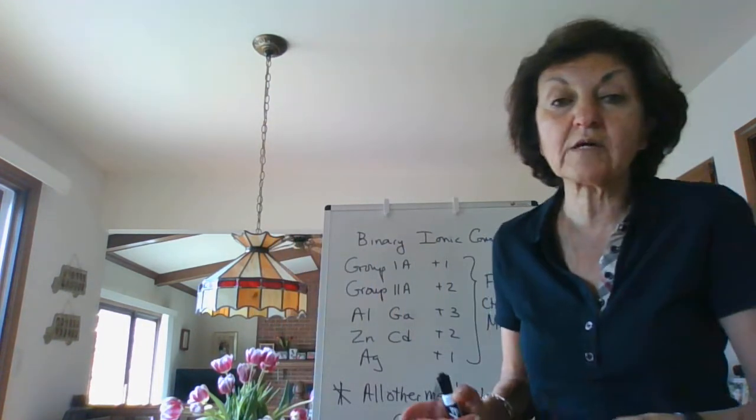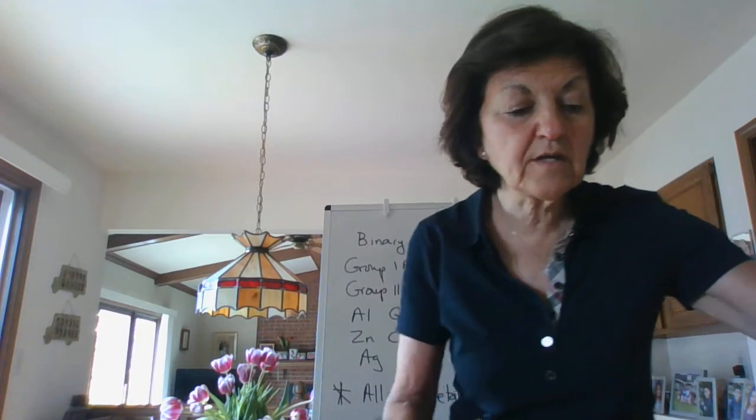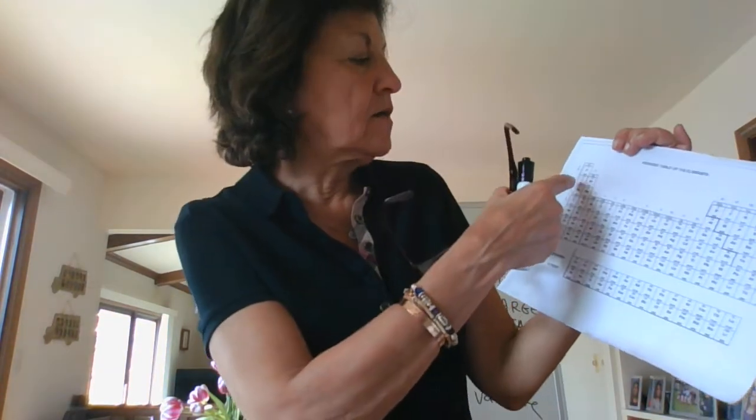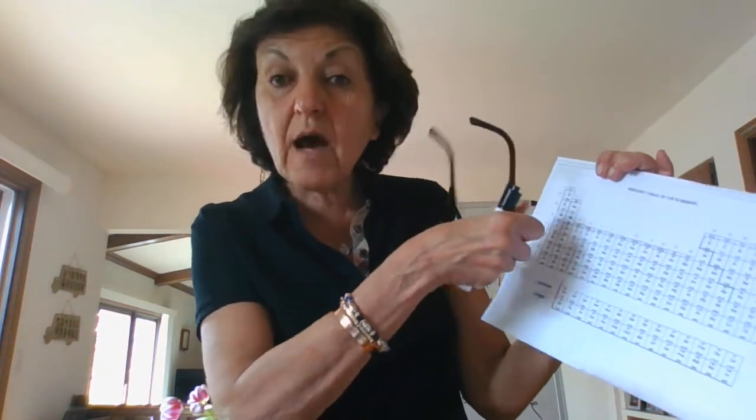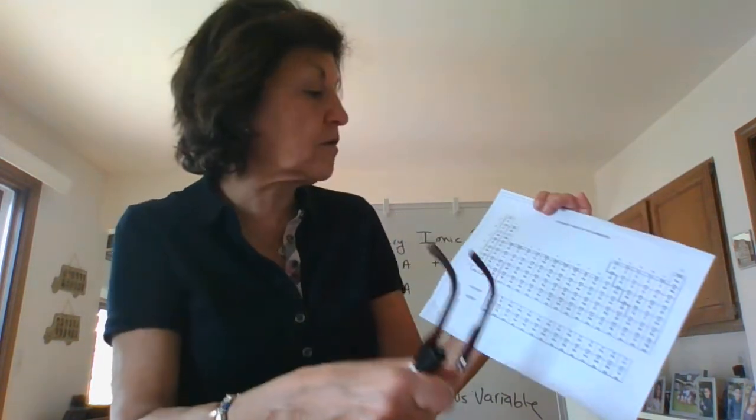Okay, how do we know the charges of the metals? Here are the rules. There are a bunch of metals that are considered fixed charge metals. What are the fixed charge metals? Group 1A. So, not hydrogen. Hydrogen is a non-metal. Even though it's in group 1A, because it has 1 electron, we're just going to throw it back over here with the helium as a non-metal.